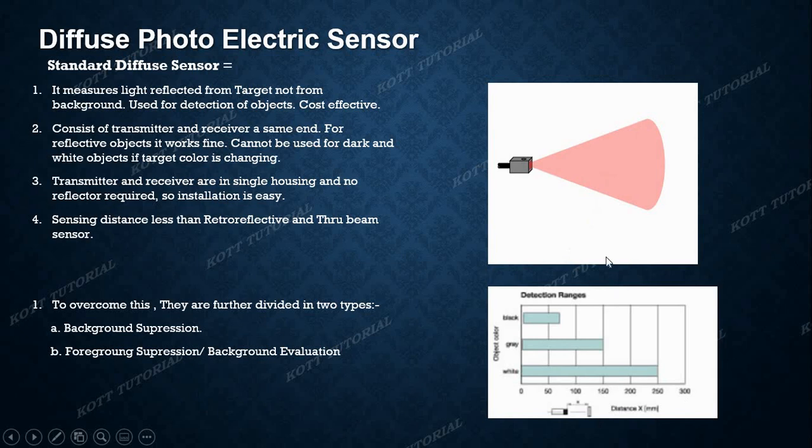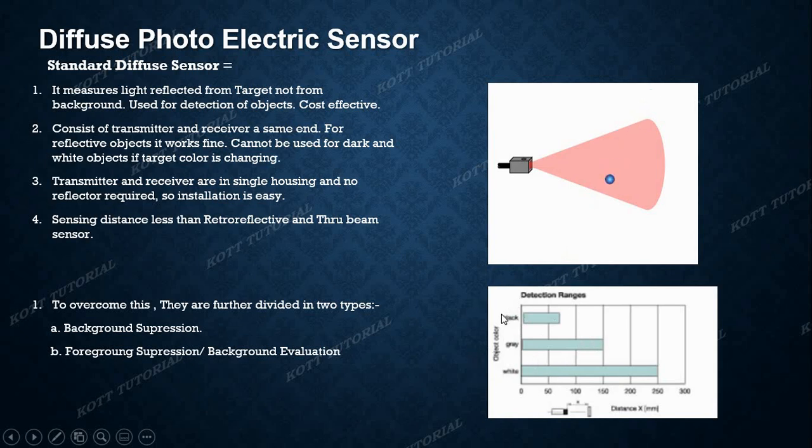From the chart we can know that if I am having a black color product, it can detect up to a range of say 75 mm, and for a white product it can sense up to 250 mm. That means for the same sensor it is having different detection ranges for different color products.